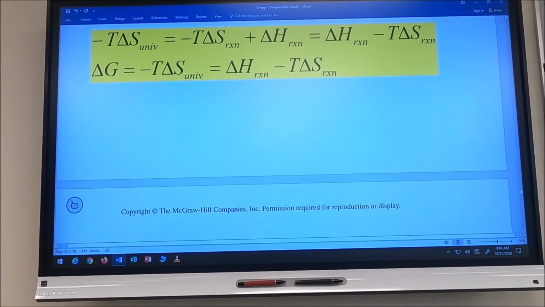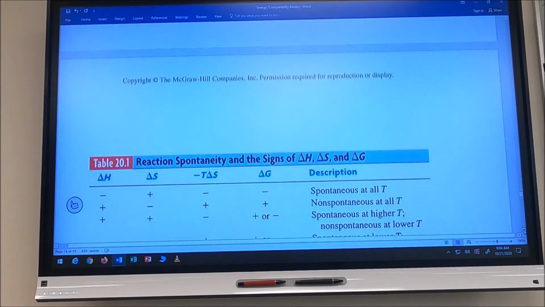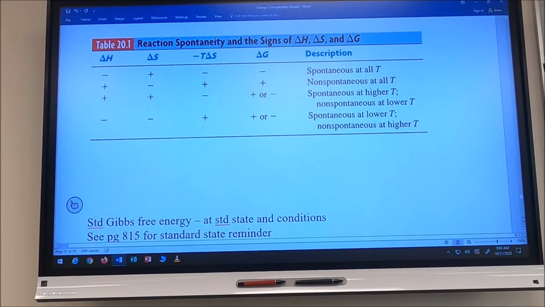Now, let's look at a chart here. We can see with the delta G equation, delta G equals delta H of the reaction minus T delta S of the reaction. There are two things that influence whether a reaction is spontaneous or not.